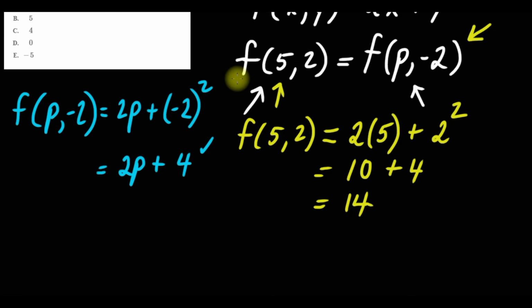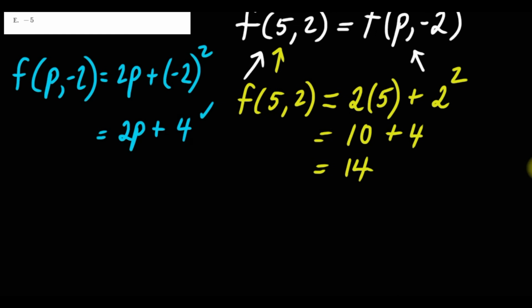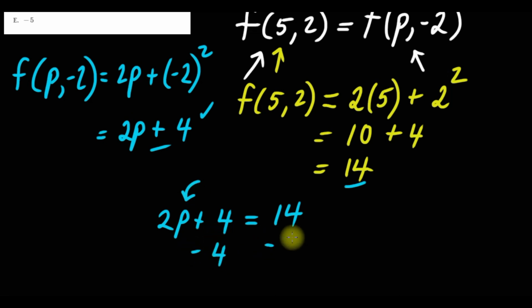We were told that f of 5, 2 is the same as f of p, negative 2. So we have to set them equal to each other. So here 2p plus 4 is 14. We take this and set it equal to this, and then we solve for p. To solve for p, take away 4.